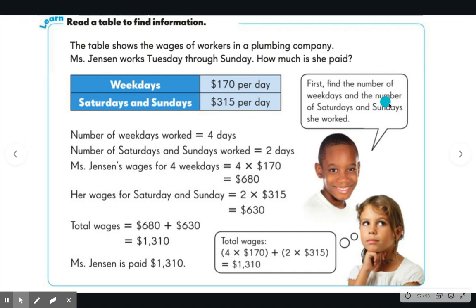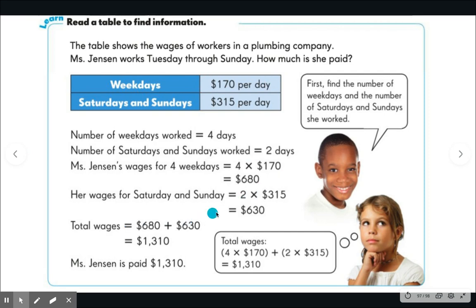First, find the number of weekdays and the number of Saturdays and Sundays she worked. So she worked 4 days on weekdays, and 2 days on Saturday and Sunday, because she worked Tuesday, Wednesday, Thursday, Friday. Those are your 4 weekdays. Saturday and Sunday are your 2 weekend days. So her wages for 4 weekdays would be 4 times $170 is $680.